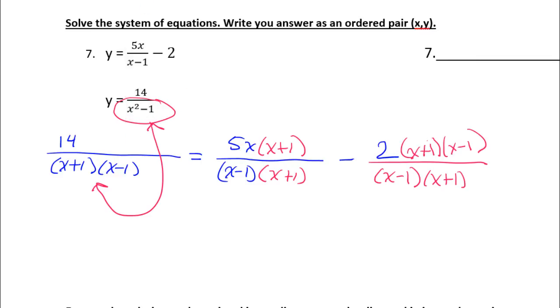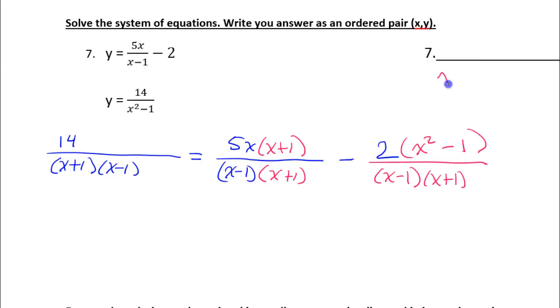So I could go either way. And for this next step, the next thing I would have to do is multiply this out anyway. So it would be more convenient, instead of writing the form x plus 1, x minus 1, it's better if I just have x squared minus 1 in the first place. Okay, now my denominators are the same, so I can cancel them out.